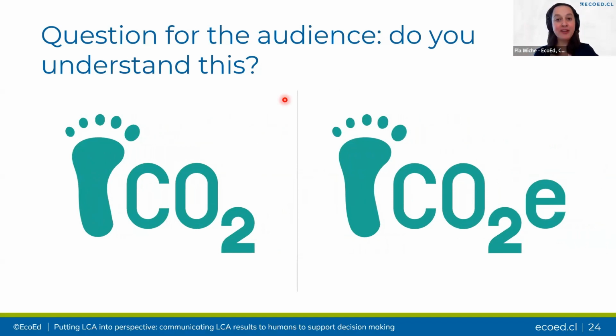We would like to know your opinion, because we are considering starting to use this second symbol with the E, with the equivalent, in all of our graphics, so that it's very clear that we're speaking about a carbon footprint and not about an amount of CO2 gas. So maybe, Giovanni, I'm shooting back a question at you, but this is a confusing one.